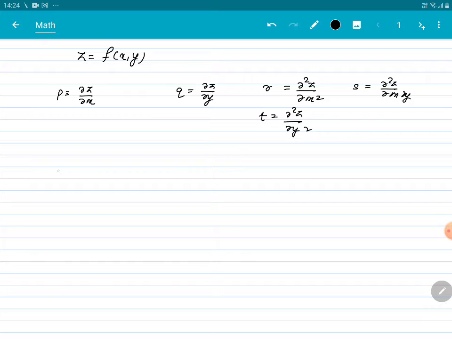Now next is how to form a differential equation.